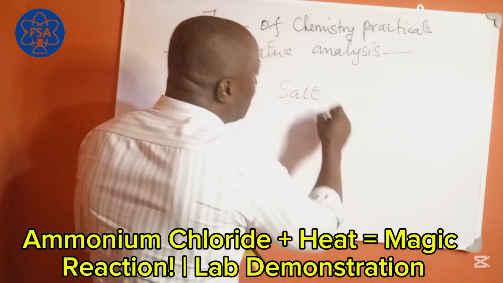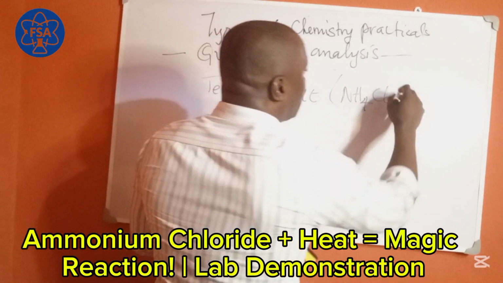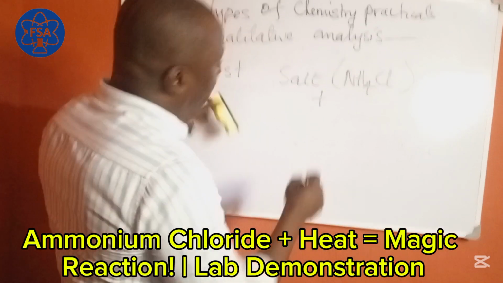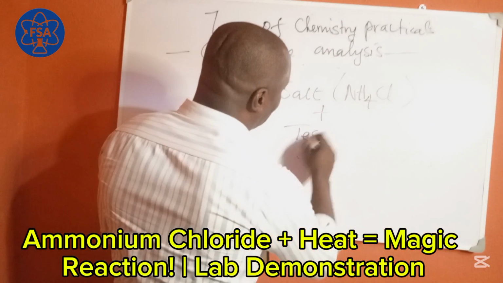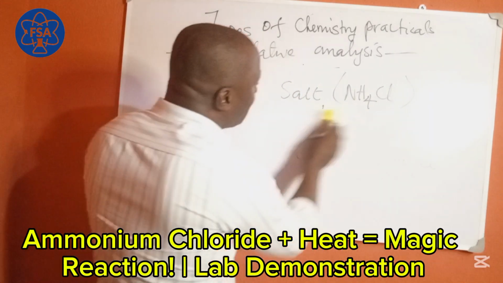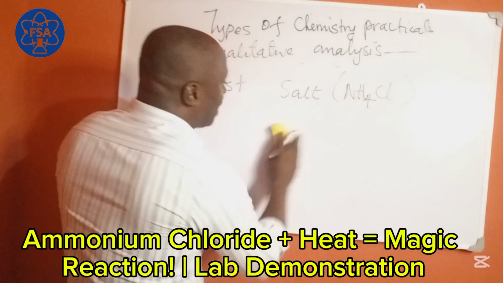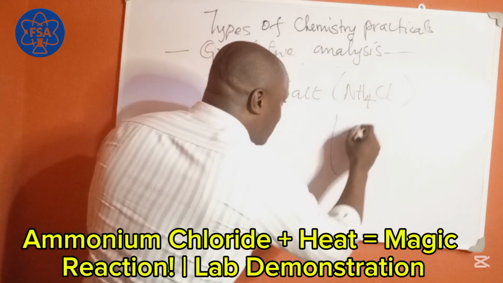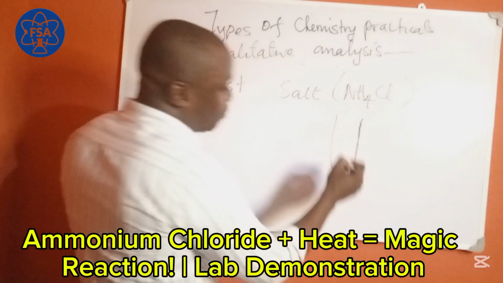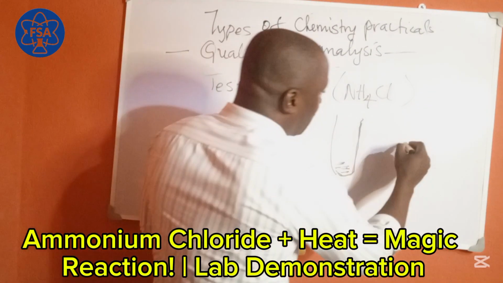The salt that we are adding is ammonium chloride salt, by putting it in the test tube. You have a test tube, and once you put it inside here, that is the source sample. And you have your Bunsen burner.